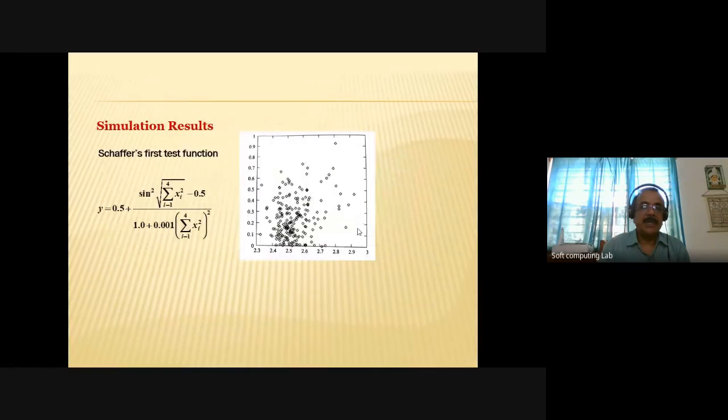You can see this particular example. This is a complicated test function, known as the Saxis first test function. If you see this mathematical expression, here you can see summation i equals 1 to 4, so y is a function of 4 variables. That means this is in 5 dimensions.